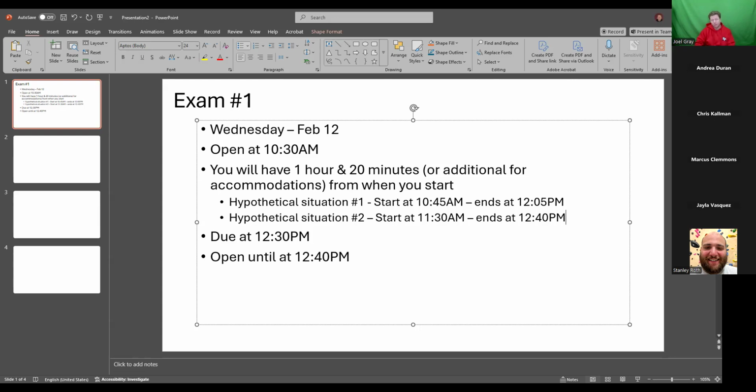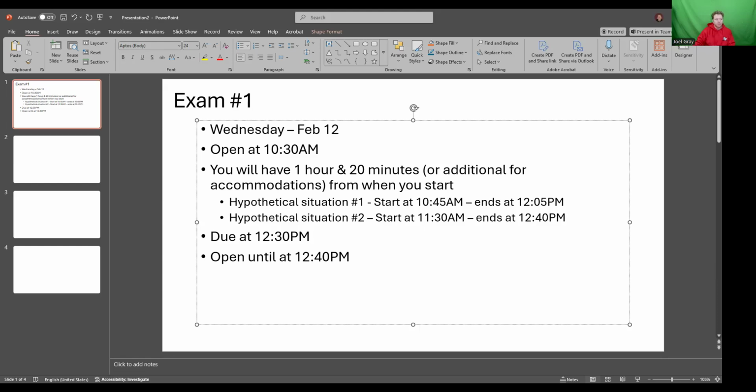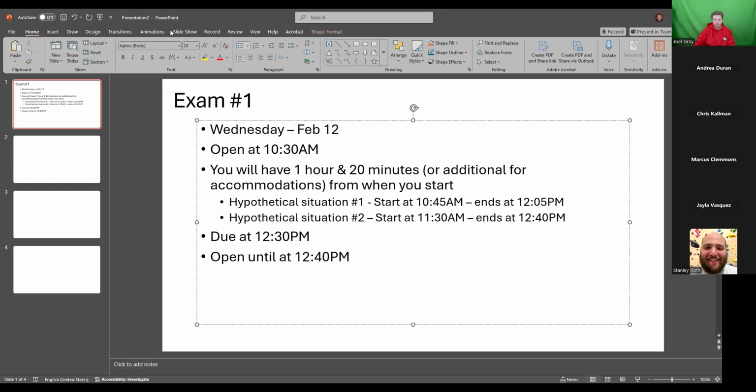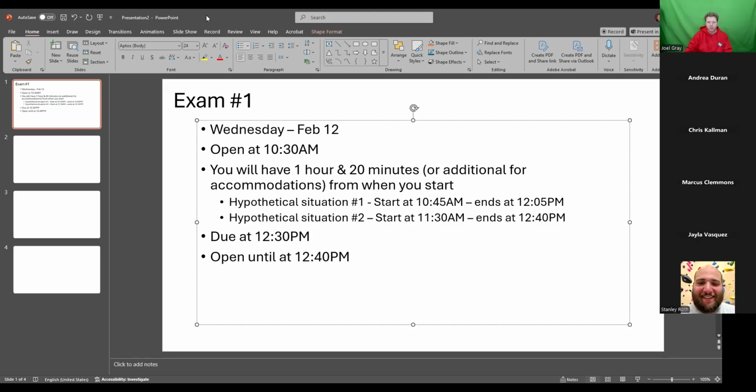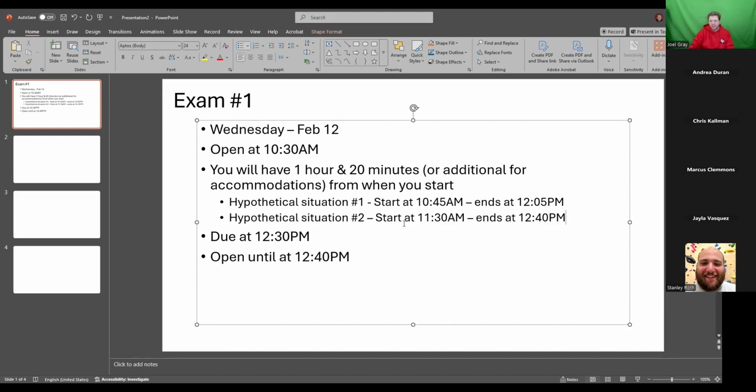At 12:30, you'll get a notification that the exam is due, but this "open until" basically means that you can keep working on it, but then at 12:40, it shuts down completely. I know that's a little bit confusing. That was something that was confusing for me for quite some time, and I apologize for adding any confusion for you guys. But basically, it gives you a little bit of a buffer.